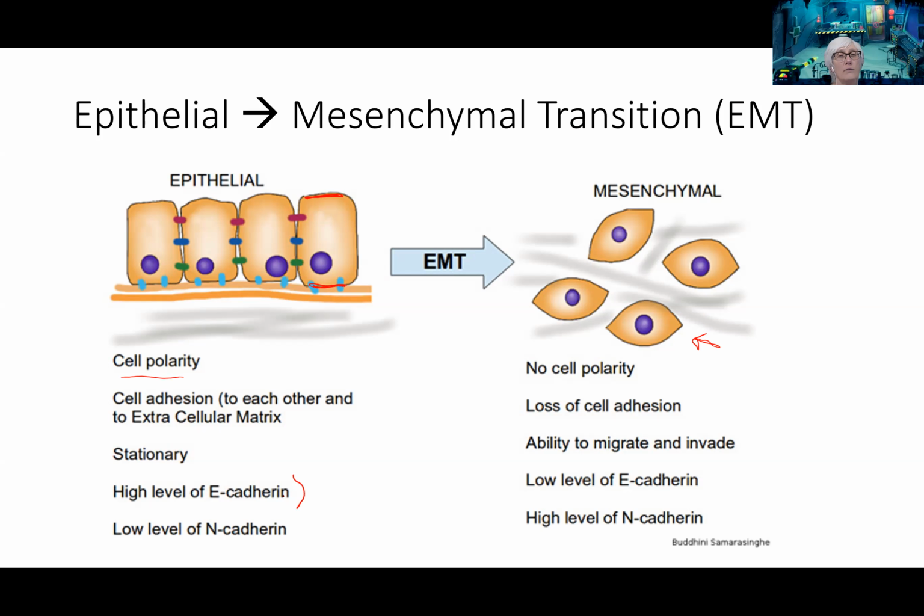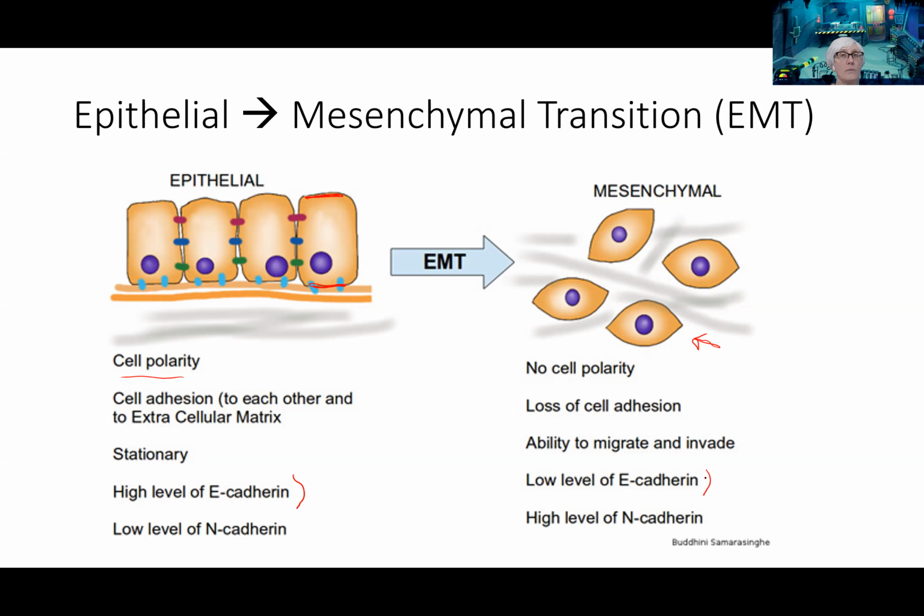Cadherin proteins are responsible for cell-to-cell associations, holding the epithelial sheet together. And when cells undergo EMT, that E-cadherin expression is lost. And so the absence of polarity and the absence of E-cadherin are hallmarks of this epithelial to mesenchymal transition.